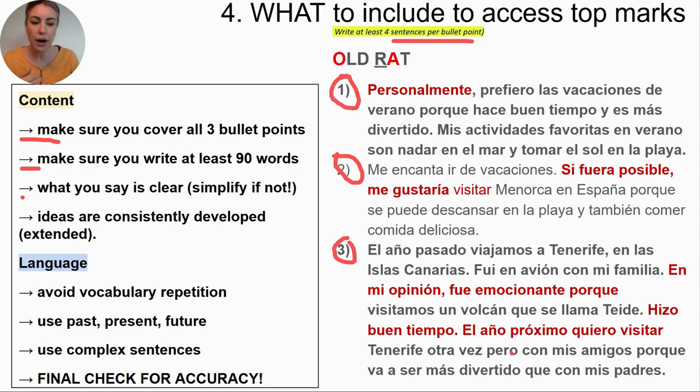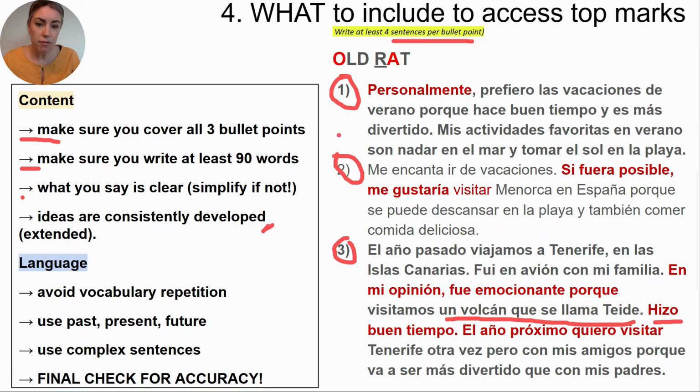Okay, some higher structures like un volcán que se llama Teide, but really that's not so difficult. Structures like the past tense for irregular verbs, all of that needs to be clear. If I'm not sure how to say it, then I'll stick to fui en avión, fue emocionante, which we all know how to say. Vale? Ideas are consistently developed.